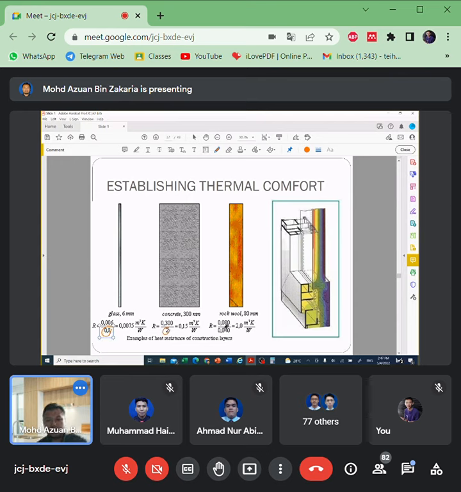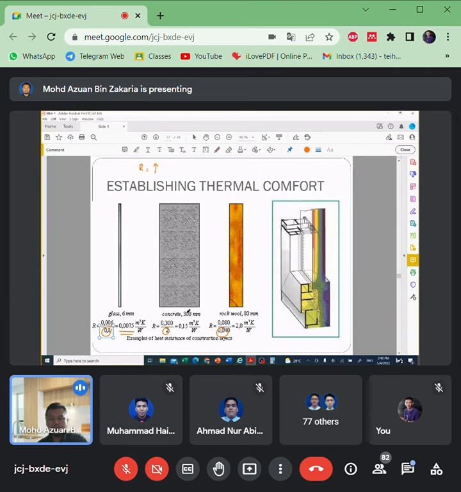Let's see which one provides a better R value. We require a high R value; the bigger R value is better. For glass, the thickness is 6 millimeter, so 0.006 divided by 0.8, we get 0.0075 meter squared Kelvin per watt.